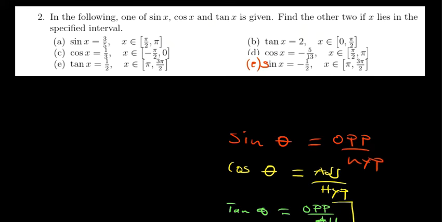Okay, so if you look at E, tan of x, I can draw back the triangle there.